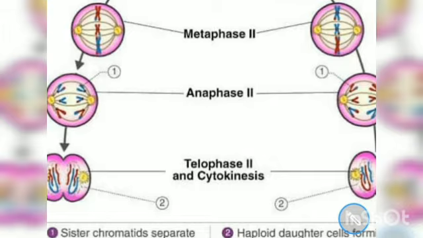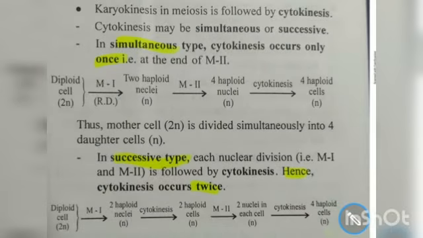Then after telophase 2, the cell undergoes cytokinesis, and cytokinesis is of two types. Wait, I'll show you. Look here. What are these two types?